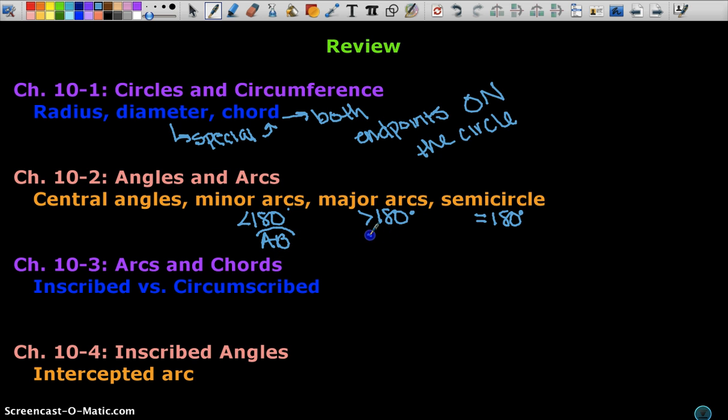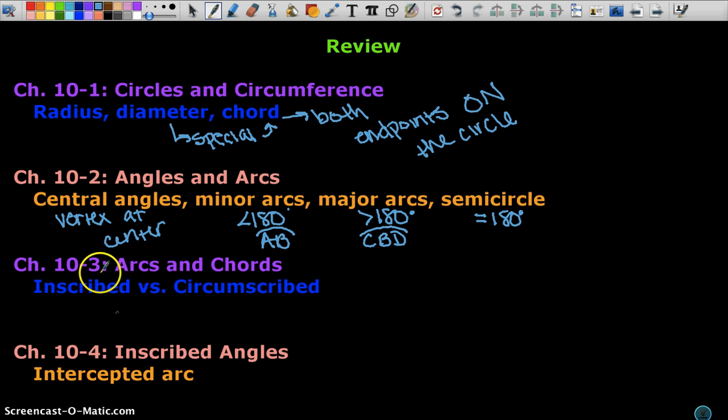Naming major arcs, use 3 letters and put the arc. Semicircle, it really doesn't matter because it's 180 degrees either way. A central angle is any angle that has a vertex at the center. And we also know that central angles are equal to the arc that they form.